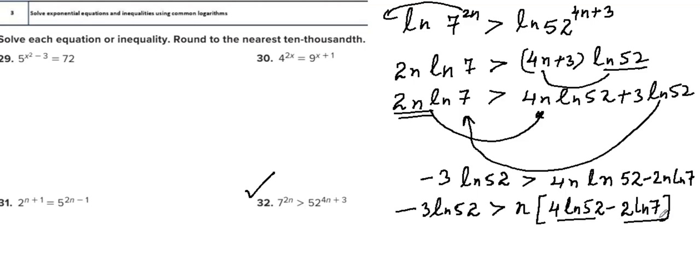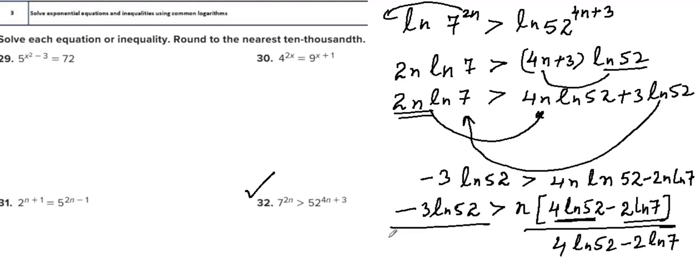Let me check log 7 multiplied by 2. Yes, this value is bigger, big minus small is positive, so divide both sides by 4 log 52 minus 2 log 7, and this cancels out. Whatever answer you get for this, you can also calculate in the calculator.